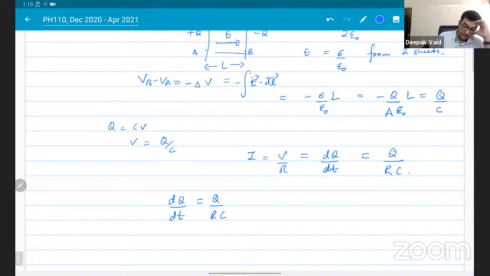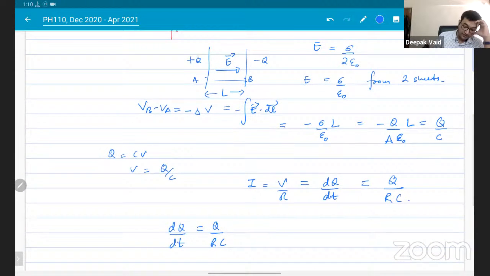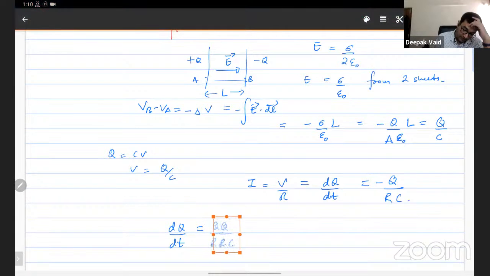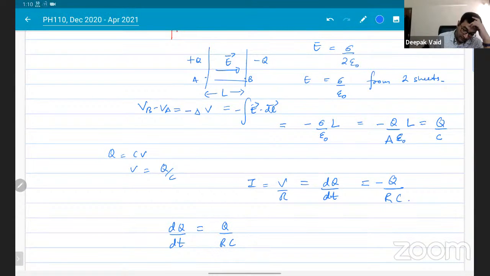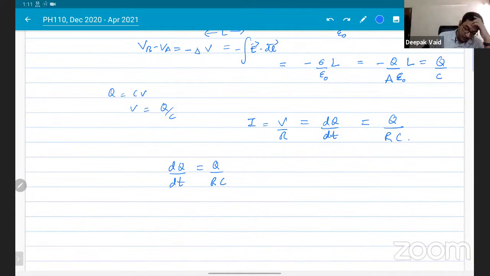So I get this equation, dQ by dt is equal to Q by RC. Okay. And there has to be a minus sign here, I think. Yes, minus sign. No, this is fine, this is positive sign.